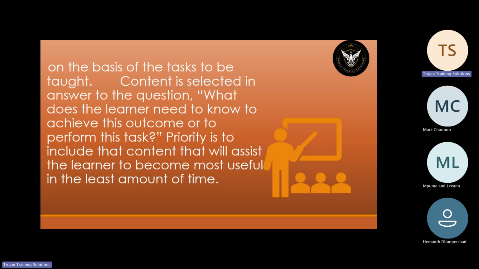What can I achieve in that 45 minutes with my learners? How can I ensure the maximum outcome has been met in that 45 minutes without harming the learner or causing any panic or anxiety to the learner?